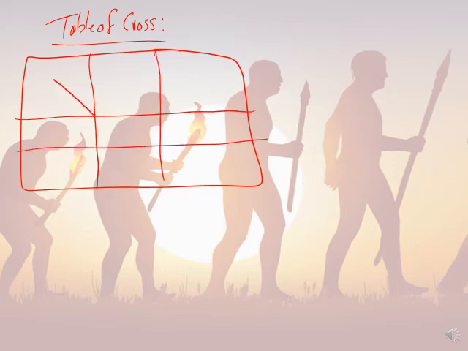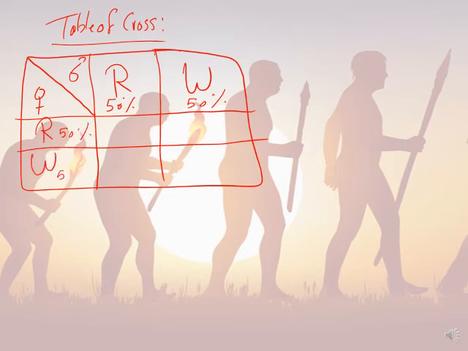So first divided male, female, R 50%, W capital 50%, R 50% also, and W capital 50%. So now let's move to the genotype of the descendants, the probability or the percentages.